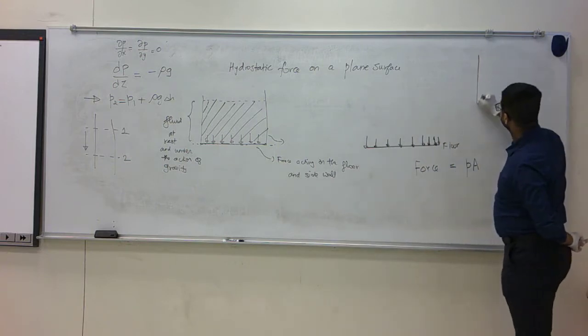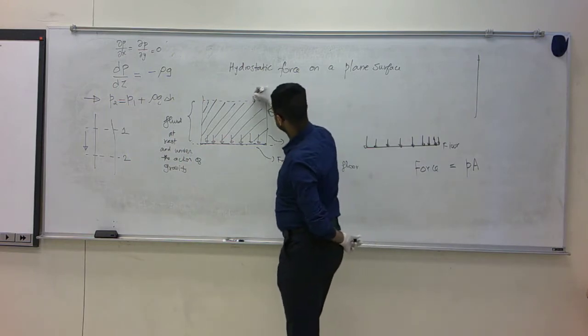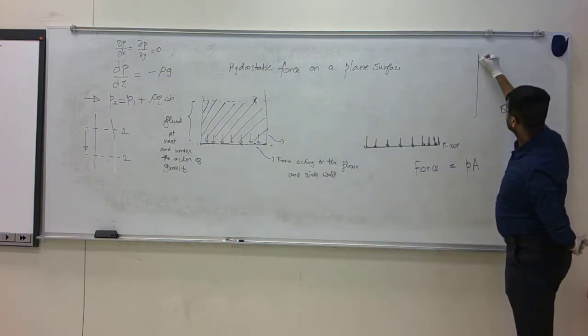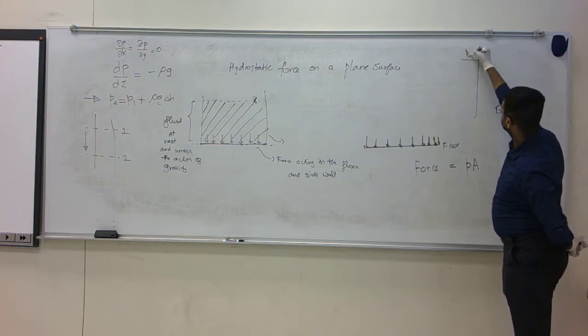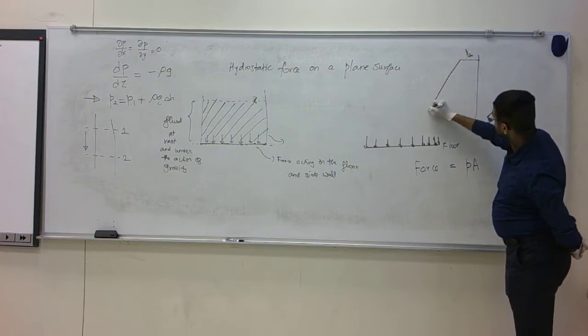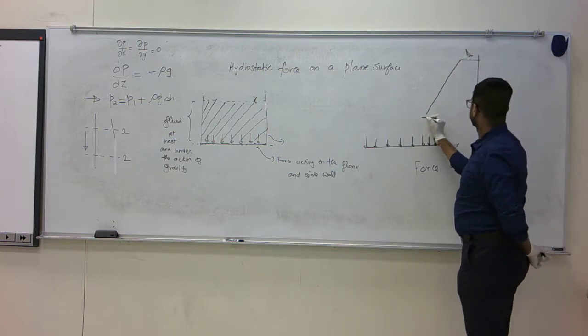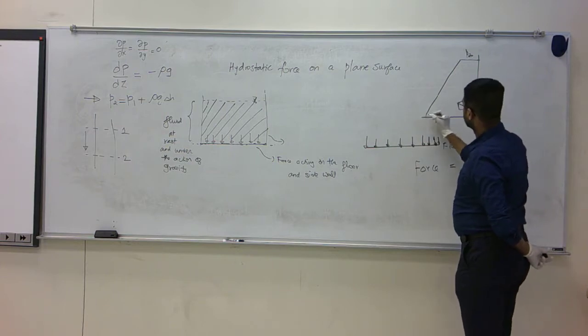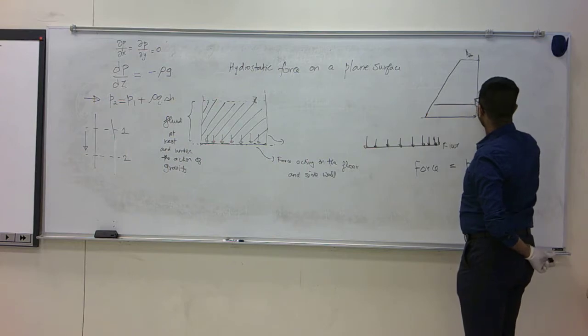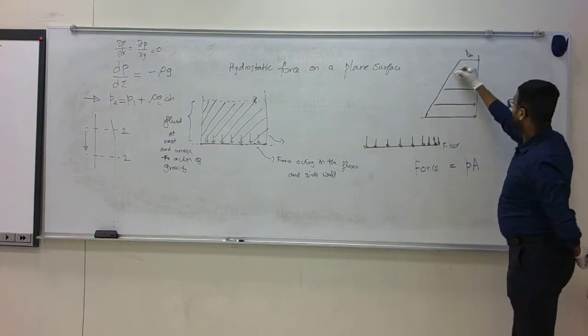The side wall, say suppose this is the liquid level. From here, so if the atmospheric pressure is something at the top, from here the pressure increases and is maximum at the bottom.